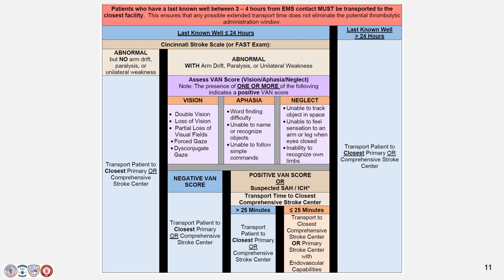So this is the entire exam, and if we're talking about a patient with abnormal arm drift on the Cincinnati, we get into the VAN exam in the middle. First, let's start with a normal VAN exam.